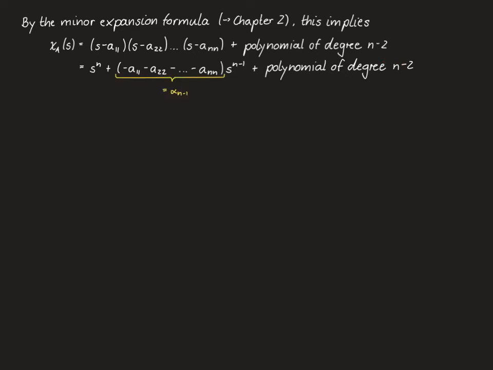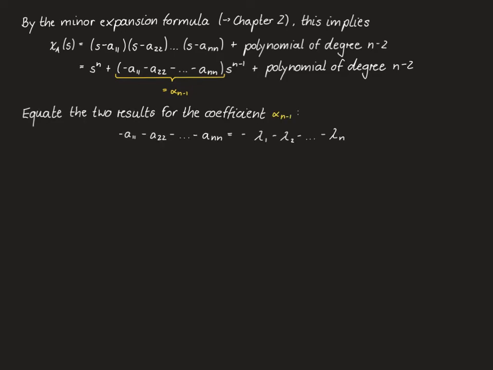But since the residual polynomial only contains powers of S from S to the n-2 and below, this implies that this term in the bracket here must be equal to the coefficient alpha n-1 of the power S to the n-1.